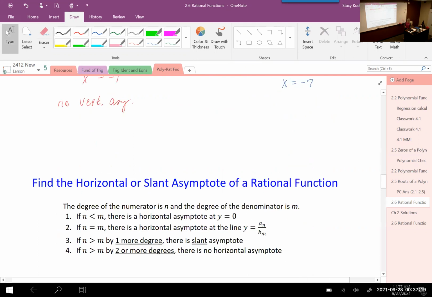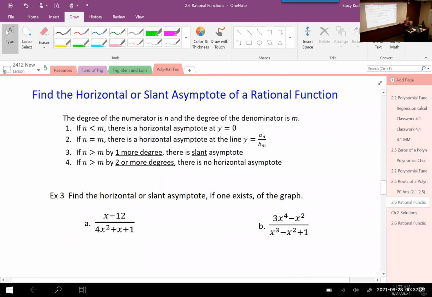Now we're going to talk about these types of asymptotes. These are horizontal or slant. Sometimes you see them called, let me think, what else was slant? Oblique, thank you. Slant and oblique are synonymous. I would suggest you write this down. Funny enough, when we get to calculus, we're actually going to take the limits of our rational functions and see where this comes from.